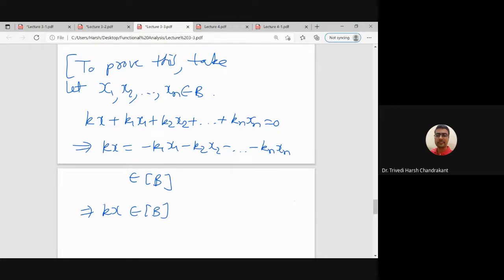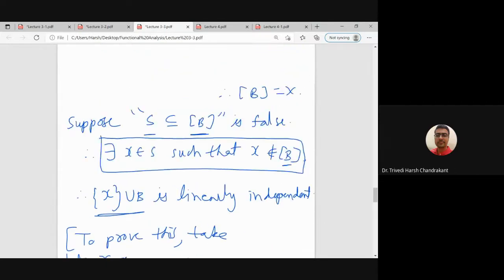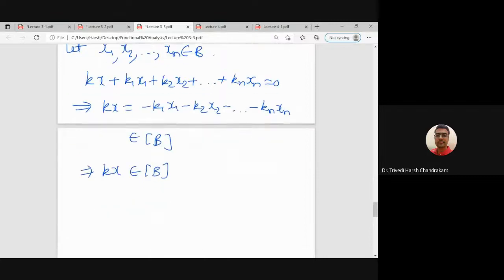But we know that x is not an element of span B, so that will give us k is 0.